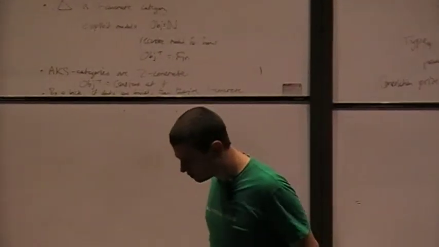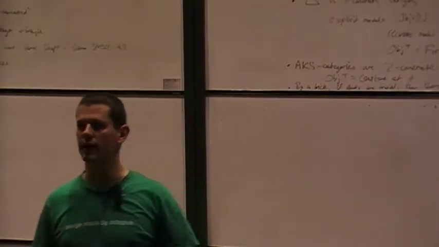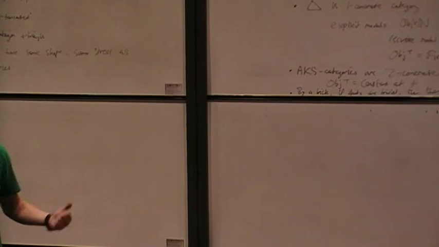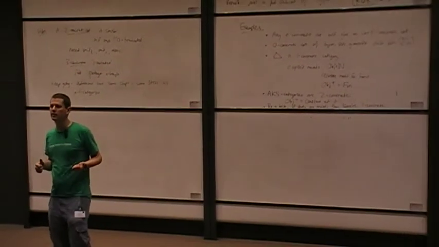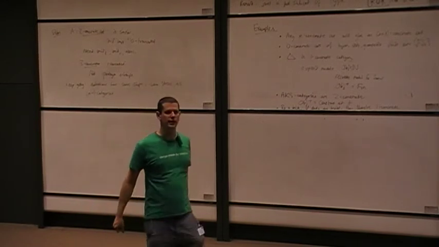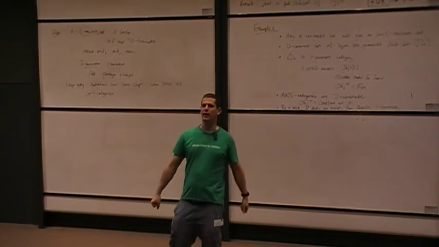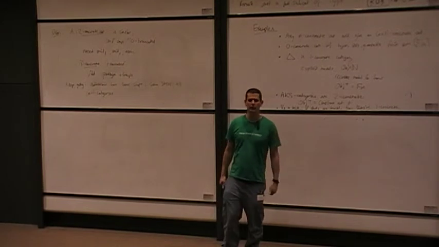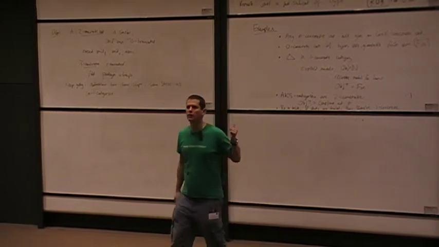And if people are going to do a lot of work and come up with a better definition of categories, this had better map in, and it better map in nicely. So I'd like to advertise this to people who are trying to do better things than this as a family of test cases. If you can't do this, you're not doing it right.